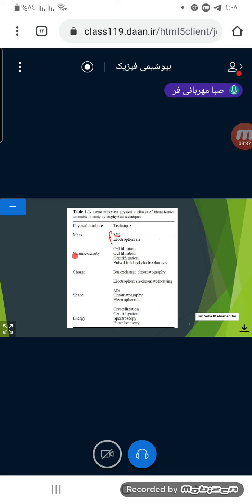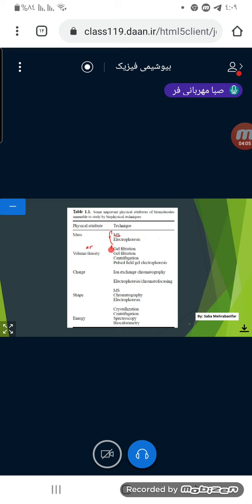When you want to know about the volume or density of a macromolecule or of an enzyme, you can use gel filtration, centrifugation, pulse-field gel electrophoresis.